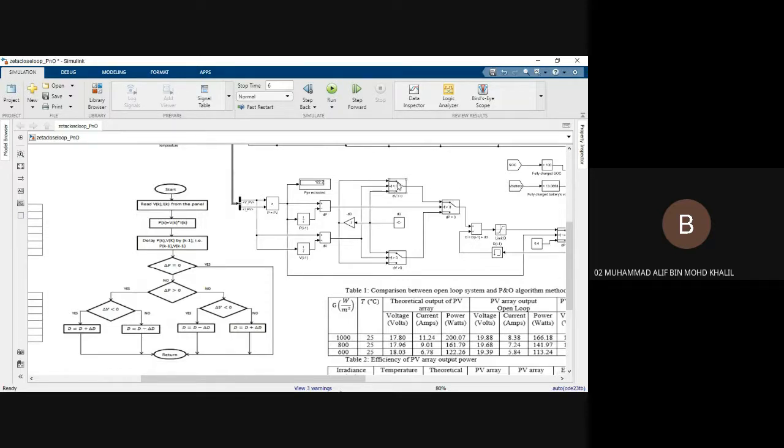So delta V is greater than 0, so yes, it will be minus.